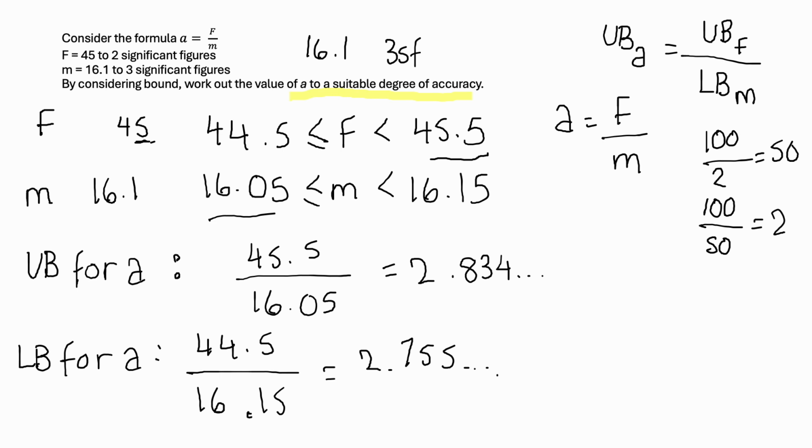And the more significant figures it is, the more accurate our answer is. So let's look at the upper bound for A. If we round the upper bound for A to 1 significant figure, we get an answer of 3.